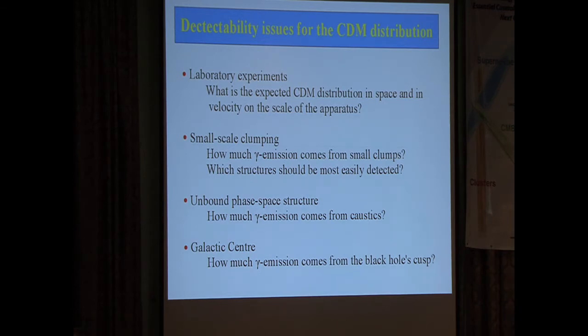We don't know exactly how to calculate this cusp, but if you do a naive calculation, you find you can get a divergent gamma ray flux from the cusp around the black hole. So there's a need to do this calculation better, because we know there isn't a very strong gamma ray source at the galactic center. Is this the limit on the dark matter? Well, that depends on your ability to calculate what you should see. And that I certainly won't get to.